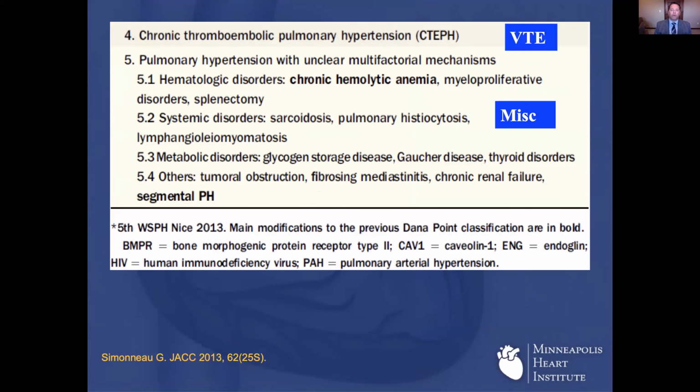When we talk about group 4 pulmonary hypertension, we're mainly talking about chronic thromboembolic pulmonary hypertension.